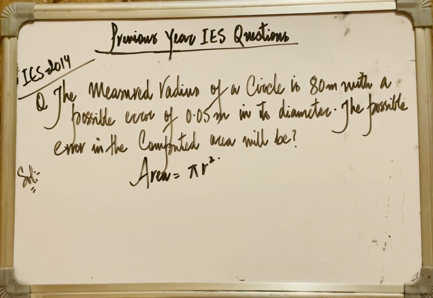Since we have to calculate the probable error or the standard error in the computed area, as the possible error in measuring its diameter has been found to be equal to 0.05 meters. So I'll use the differentiation and then I can get the error in the computed area.